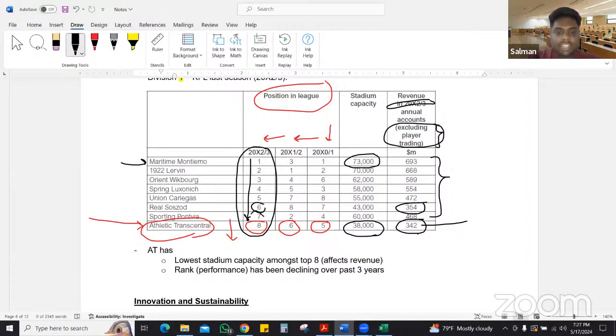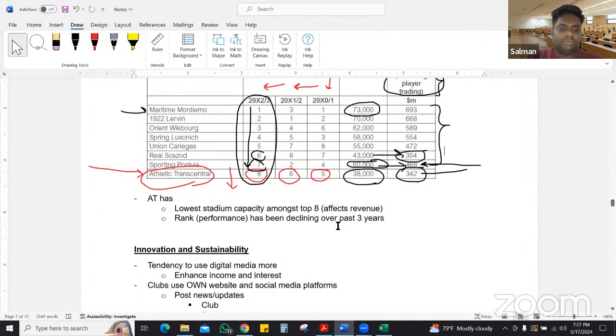The club ranked 7 has a revenue higher than club rank 6. We do not know the reason, but one of the reasons we can see is higher stadium capacity. The club ranked 6 has 43,000 stadium capacity. Rank 7 has 60,000. Remember, we discussed that stadium capacity affects ticket revenue. So these are some observations.